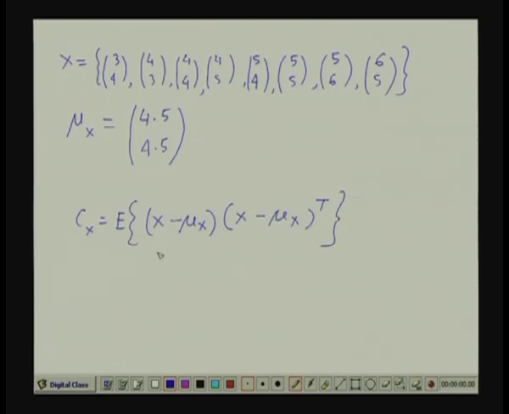So, finding out (x minus mu x) into (x minus mu x) transpose for all the vectors x and taking the average of them gives us the expectation value, which is nothing but the covariance matrix Cx.